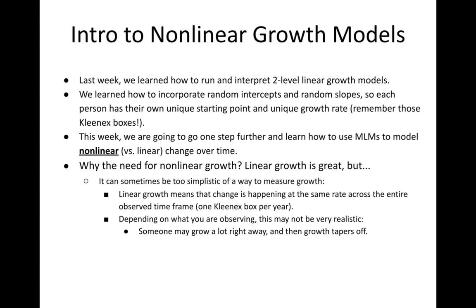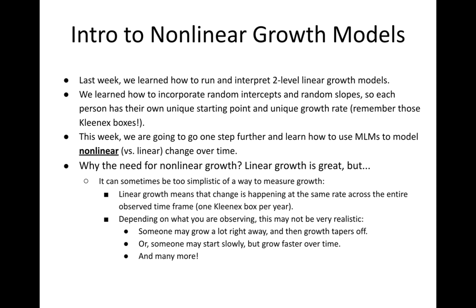Sometimes there's this idea of a growth spurt. Kids grow a lot all at once sometimes, and then the growth tapers off for a little while, and then they might hit another growth spurt. Even kids have growth spurts at different times. Somebody might start a little more slowly and then get taller over time. And there are lots of other ways that you can think about nonlinear change.